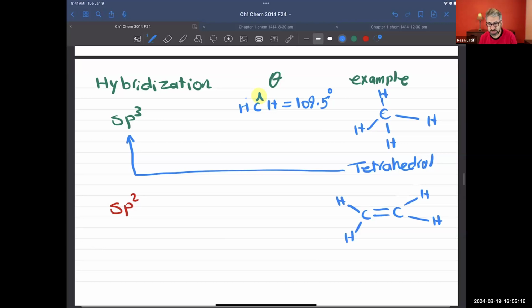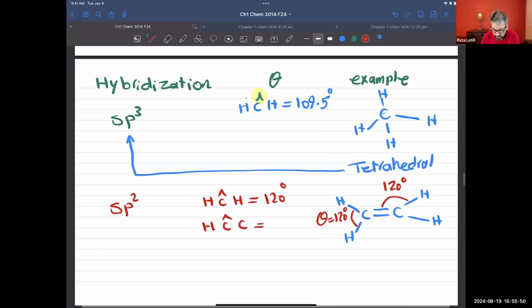The hybridization clearly is sp2. What's the bond angle? If you look at this bond angle, the expected bond angle here is around 120. How about this bond angle? Also expected to be around 120. So the bond angle between hydrogen, carbon, hydrogen we expect to be around 120, and the bond angle between hydrogen, carbon, carbon is also expected to be 120.